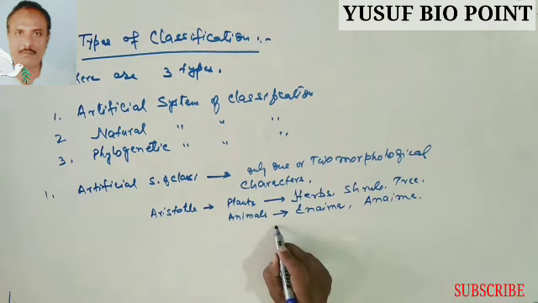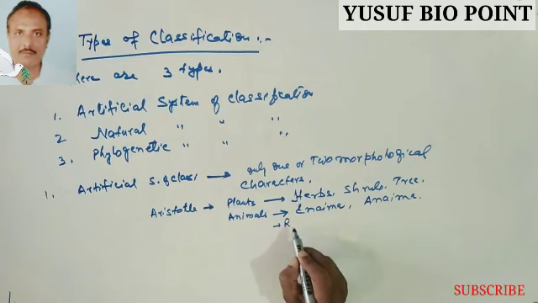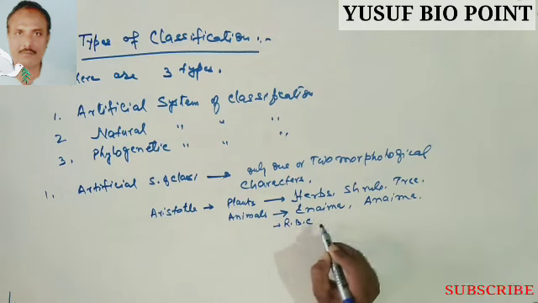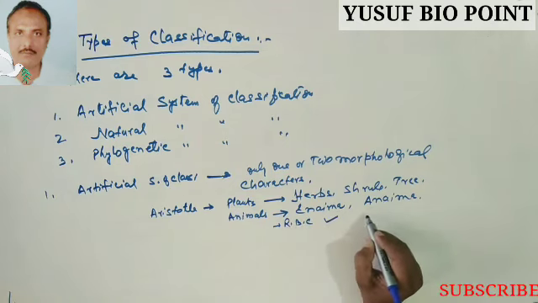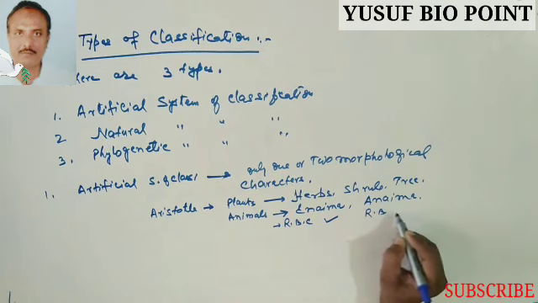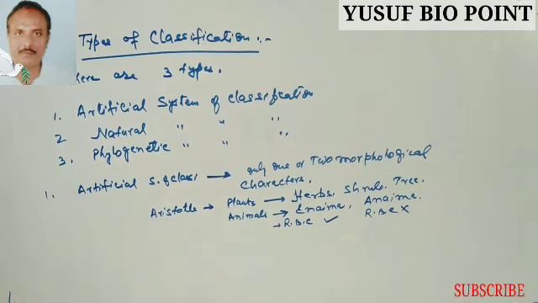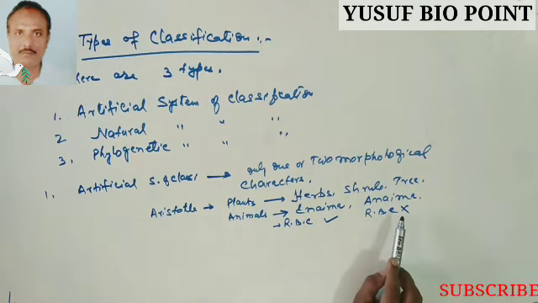In the Enaima, the blood contains RBC, and in Anaima, the blood does not contain RBC. Means whose blood is red, that is Enaima, whose blood is not red, that is Anaima.